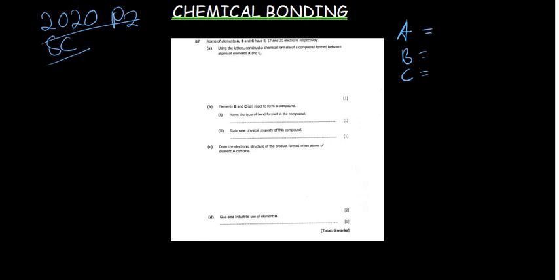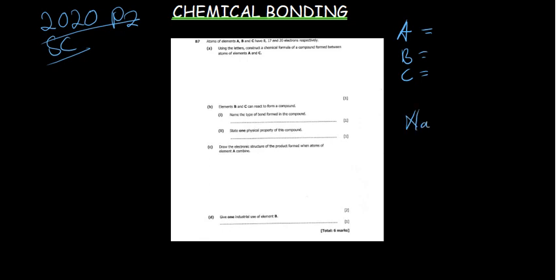Maybe before we go to this, at a secondary level, there is a manner in which you can write the electronic configuration of any element you are given. For example, go to group 1 and pick sodium.